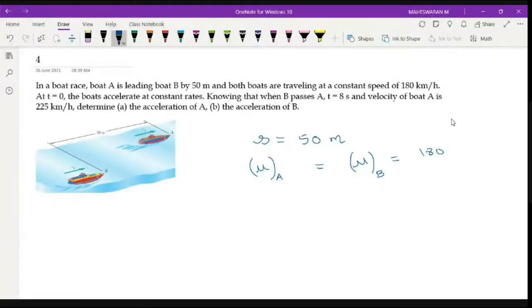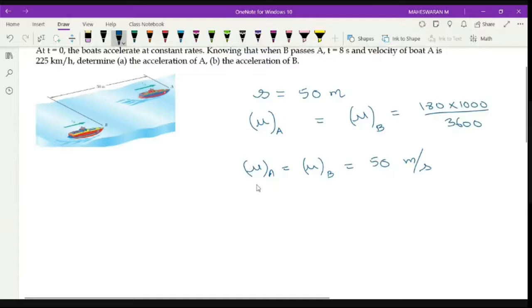Converting to meters, multiply by 1000 divided by 3600. So we get this initial velocity as 50 meters per second.